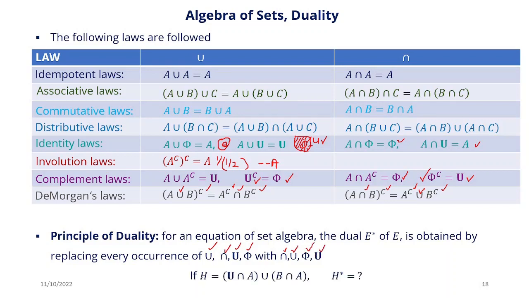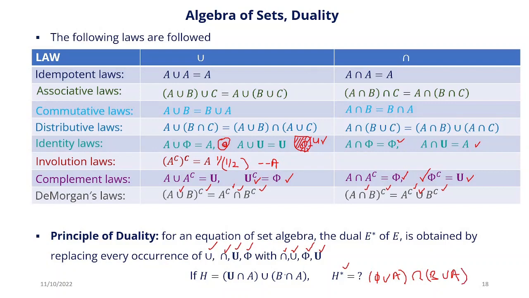So if I say H equals U intersection A union B intersection A, what will be the dual? The dual will now be phi union A intersection B union A.